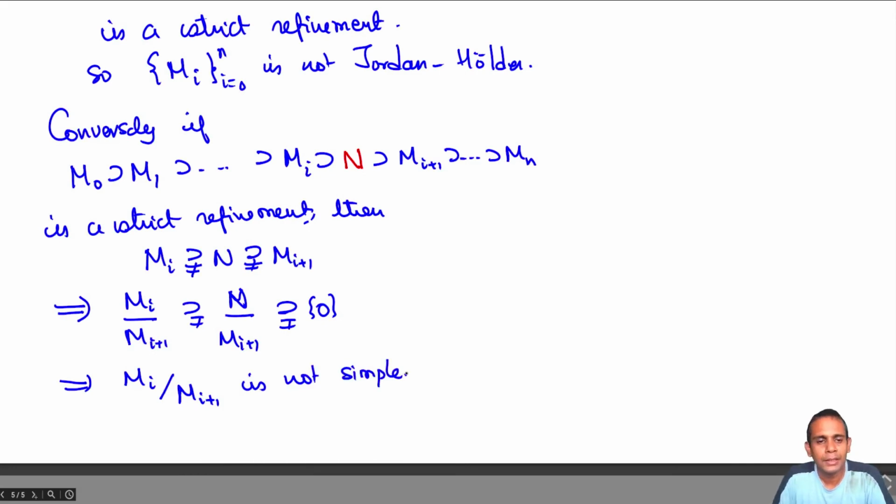So this shows that if all the quotients are simple, then you cannot further refine a composition series. Okay, so now in the next lecture, I'll show you that a Jordan-Holder series is essentially unique in a certain sense, and we will prove that theorem. It's called the Jordan-Holder theorem.